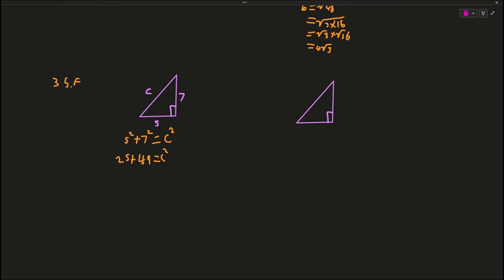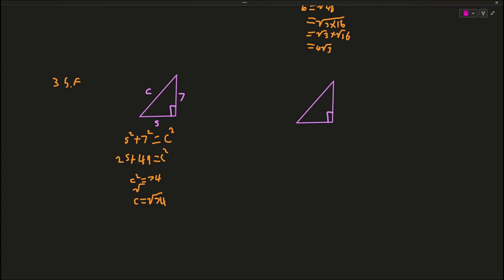So we add that together: 25 plus 49 is 74. So c squared is equal to 74. We're going to square root both sides, so c is equal to the square root of 74.